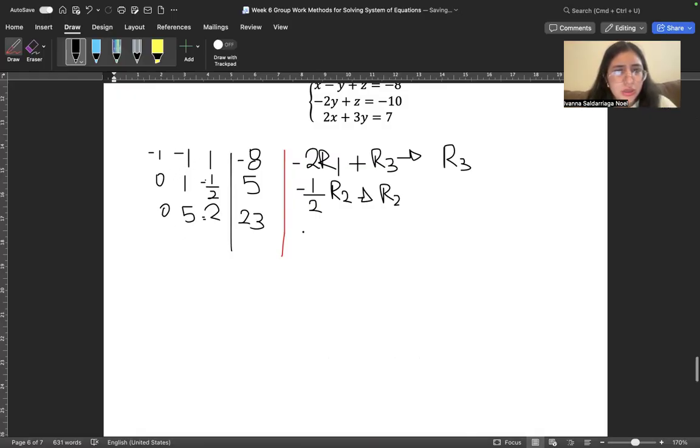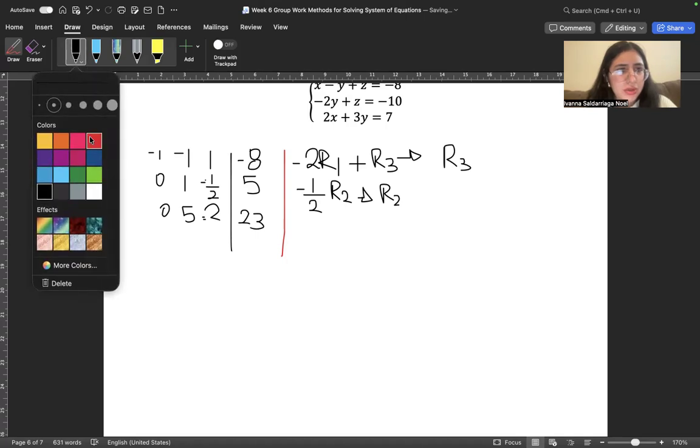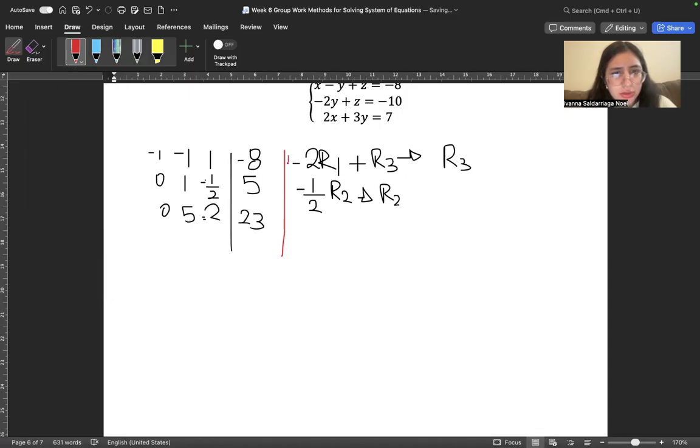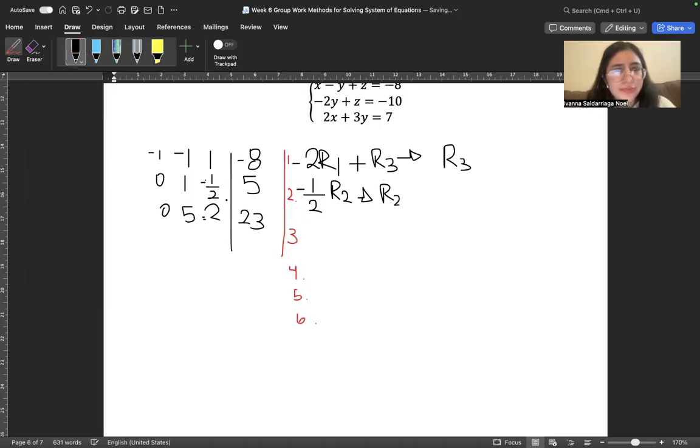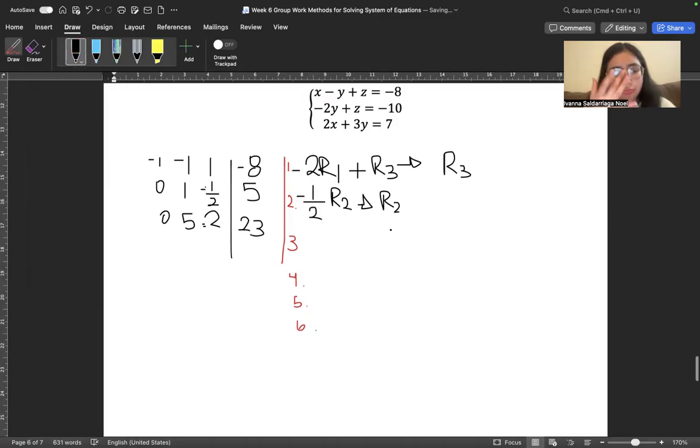I'm going to put the numbers here. It's going to be 1, this is going to be 2, it's going to be 3, 4, 5, 6. Okay, and then now we want these numbers to become 0.